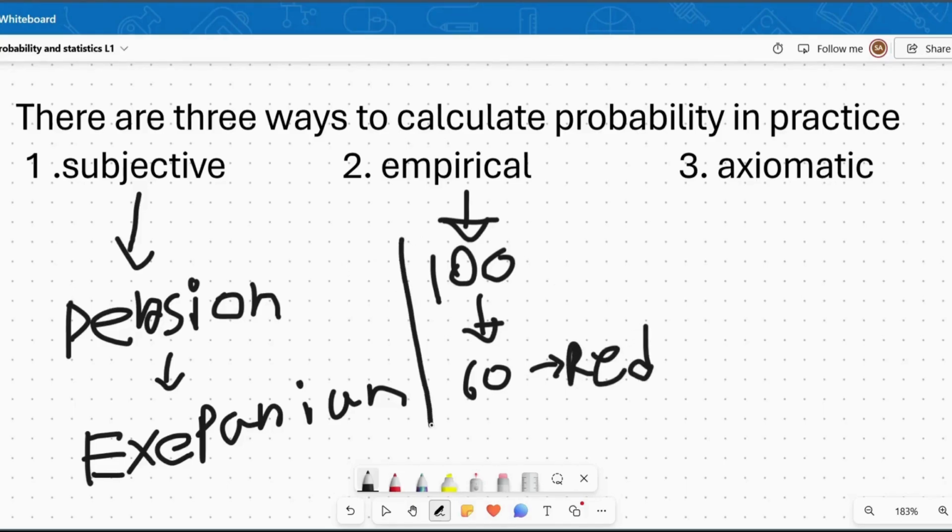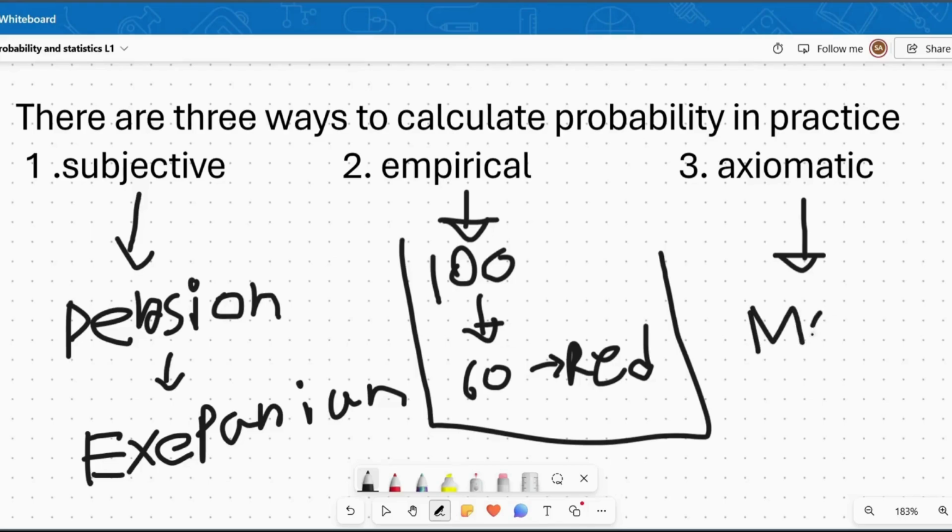We can say this by observing the data. So that is empirical. Now, axiomatic is mathematical. We follow some mathematical rules to visualize or represent the data. So that is axiomatic.